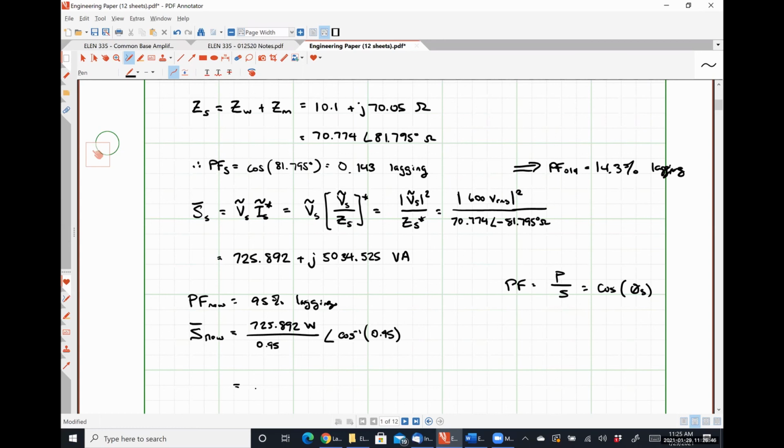725.892 divided by 0.95 with an angle of inverse cosine of 0.95 in rectangular form. So I get 725.892.